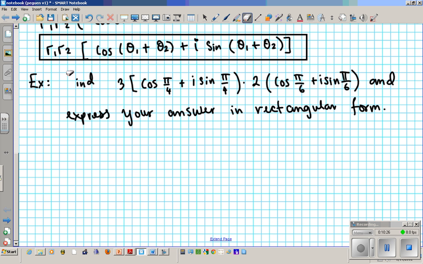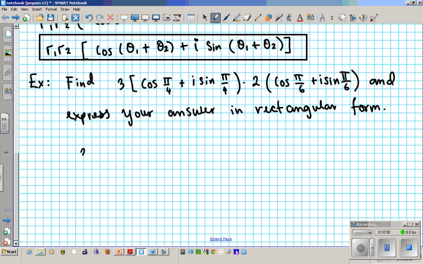Alright, let's try this out. So we know that this is R1, R2, theta 1, theta 2. The first ones are the ones, the second ones are the twos. So we're going to apply the formula. The formula says we multiply the radii and simply add the angles. So this is R1, R2.